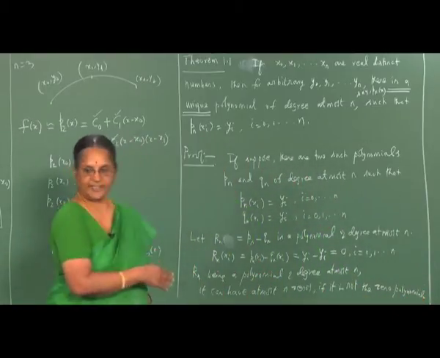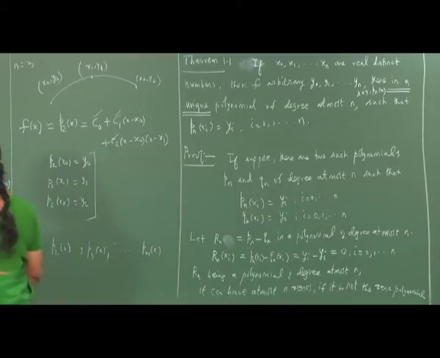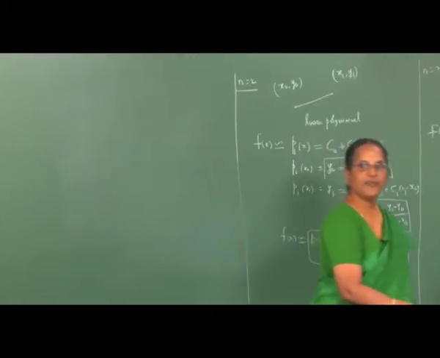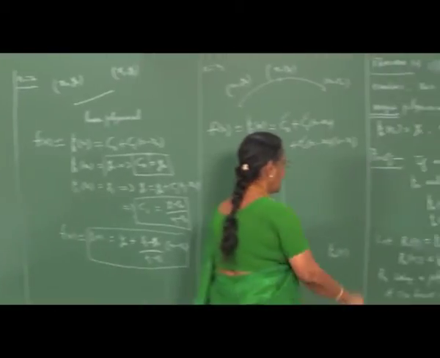But what have we seen about Rn? What is the property that we know about Rn?